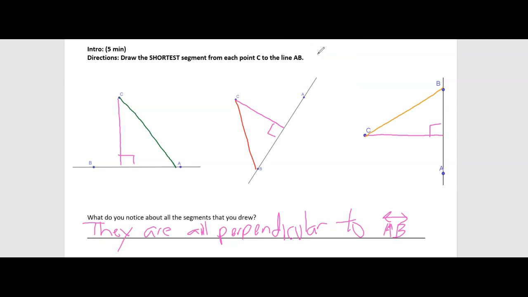And maybe, depending on how far you got in your middle school geometry section, something pops out at you here, right? You may notice that we have a right triangle in all three of these diagrams. And the perpendicular segment is one of the legs of the right triangle, right? We have a leg here, and a hypotenuse.